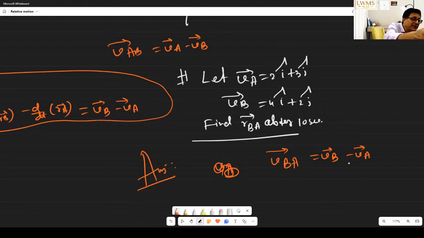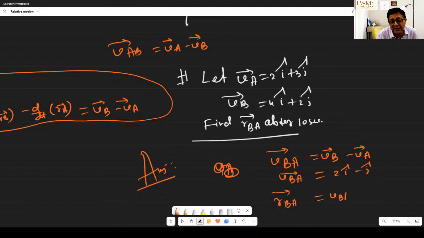That means B with respect to A is moving with this relative velocity, which by vector subtraction is 2i minus j, isn't it? So what will be RBA? How to find RBA? It will be VBA into t. Am I correct? It's all right.